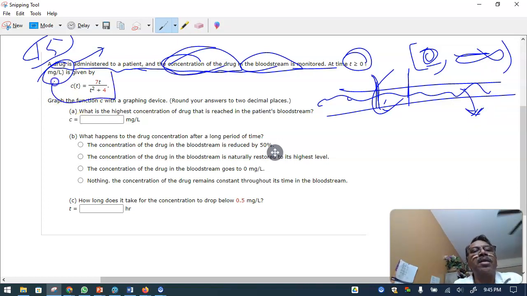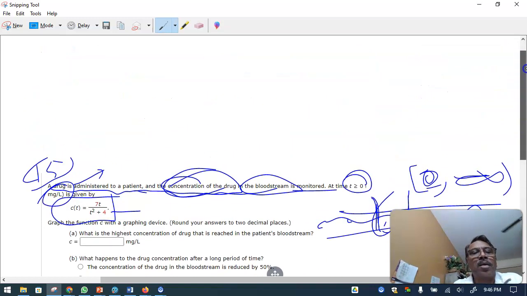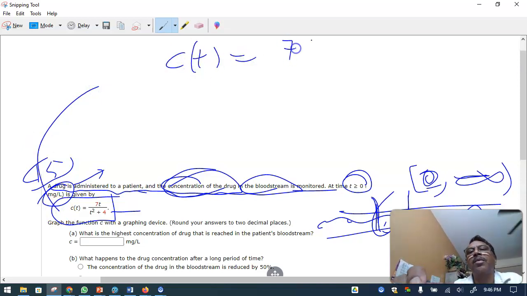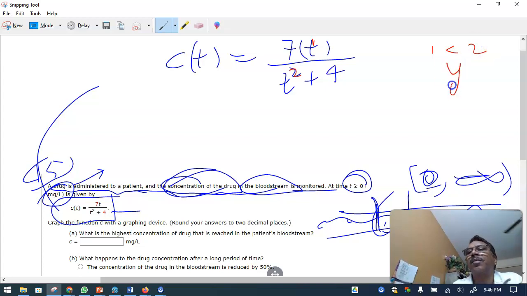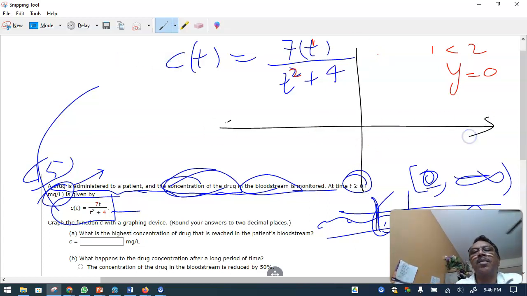It's given by this function C(t) equals, and if I look at it, we want to know what is the t squared plus 4. The degree of the numerator is smaller, that is 1, and this is 2. So 1 is less than 2. That means y equals 0 is going to be the horizontal asymptote.